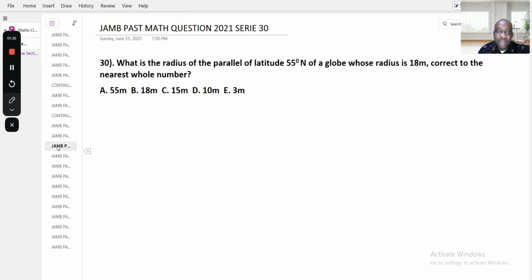There is a formula for this if you want to calculate the radius of the parallel of latitude. The globe radius, the formula we are going to use is capital letter R cos theta. This is the formula we are going to use for this. This theta represents the latitude.